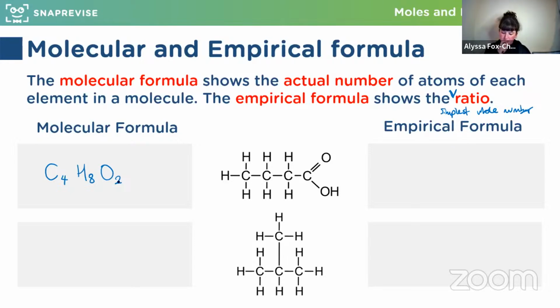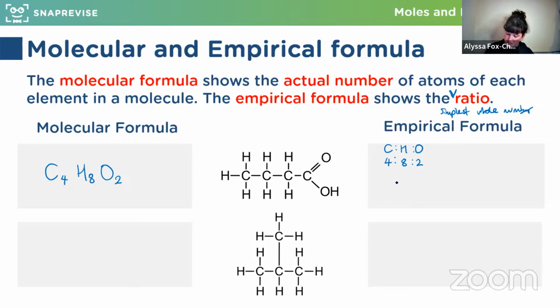C4H8O2. But is that the empirical formula? Is that the simplest ratio? So the ratio from our molecular formula of carbons to hydrogens to oxygens is 4 to 8 to 2. But I can see already that that's not the simplest ratio.